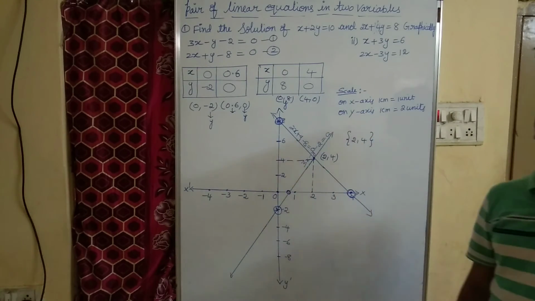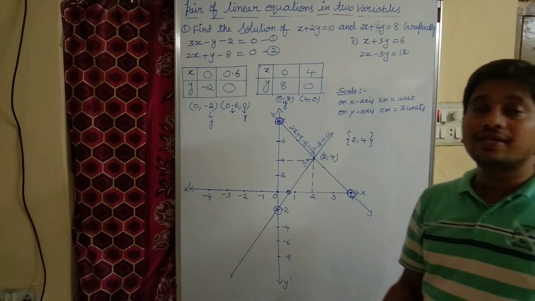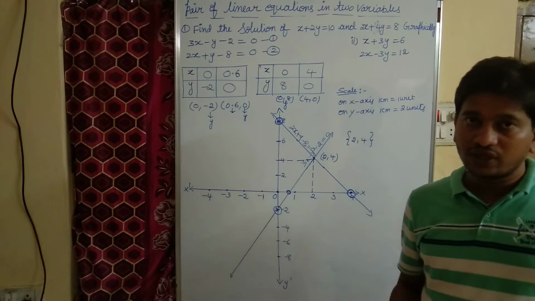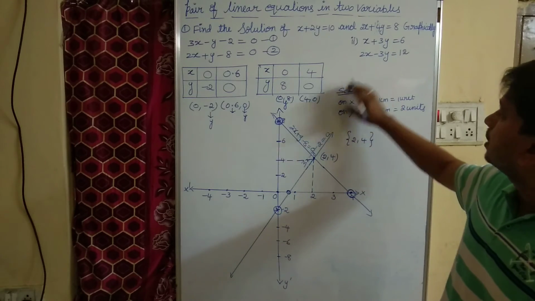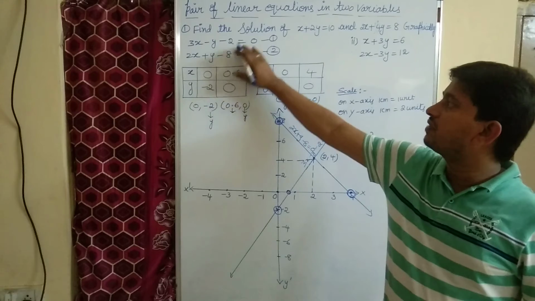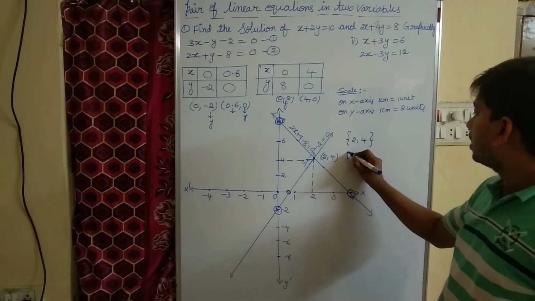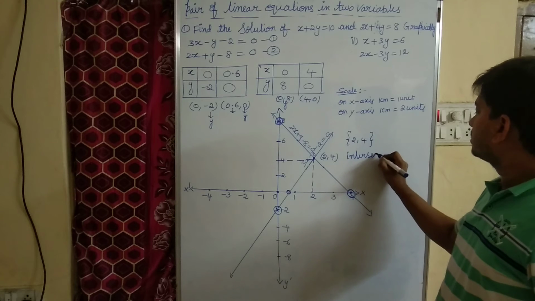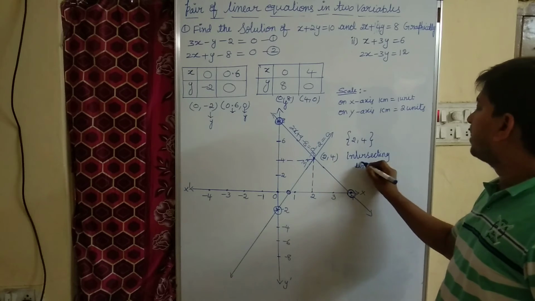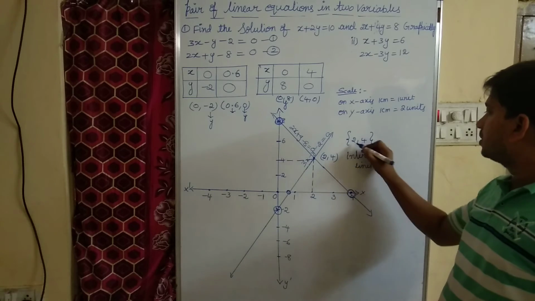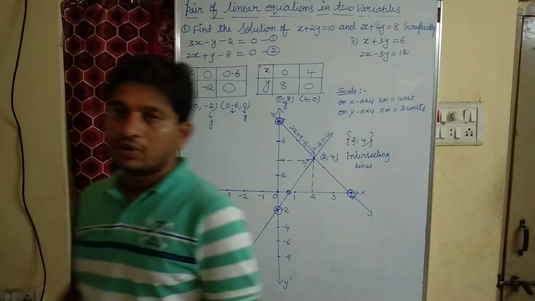So you will get that they may intersect at one point, or they may be parallel lines, or they may be coincident lines. In this case, we solved the given system of equations graphically. They are intersecting lines. When they are intersecting lines, they will have a unique solution. The solution is 2, 4. Right? So this is our second one.